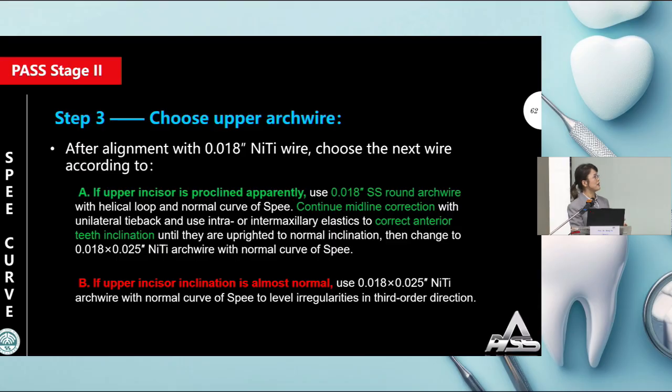Then we continue midline correction with unilateral tie back and use intra or intermaxillary elastics to correct anterior teeth inclination until they are uprighted to normal inclination. Then we change to an 18x25 nitinol arch wire with normal curve of Spee. If the upper incisor inclination is almost normal, we directly use the 18x25 nitinol arch wire with normal curve of Spee to level irregularities in the third order direction.